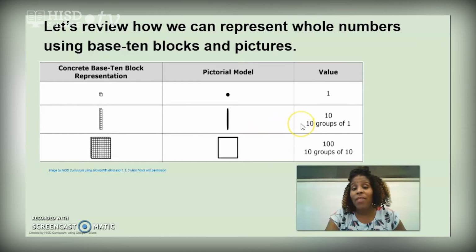The value of that rod is 10. Another way is 10 groups of 1. Our base 10 block representation of a flat, when we draw that flat out in a pictorial model, is a square. What is the value of that square or that flat? It is 100. 10 groups of 10.